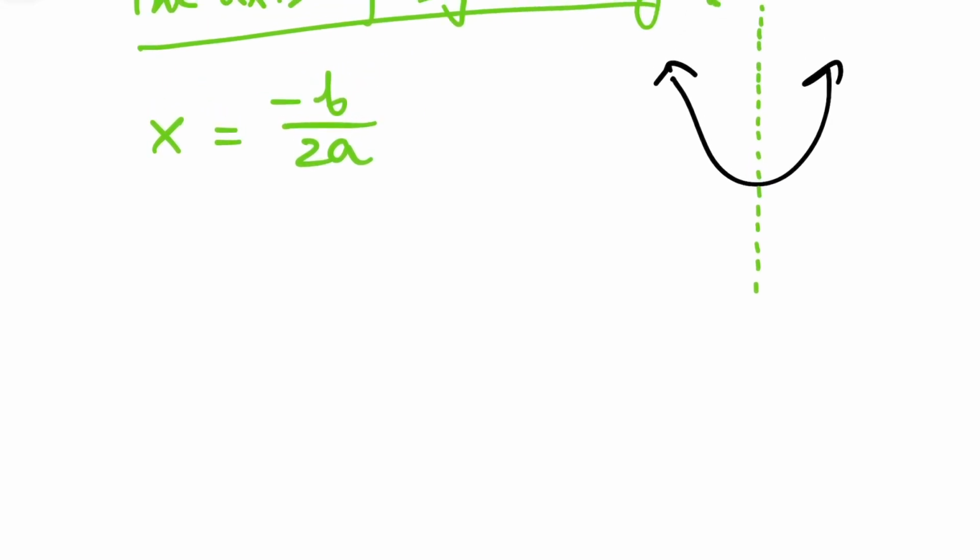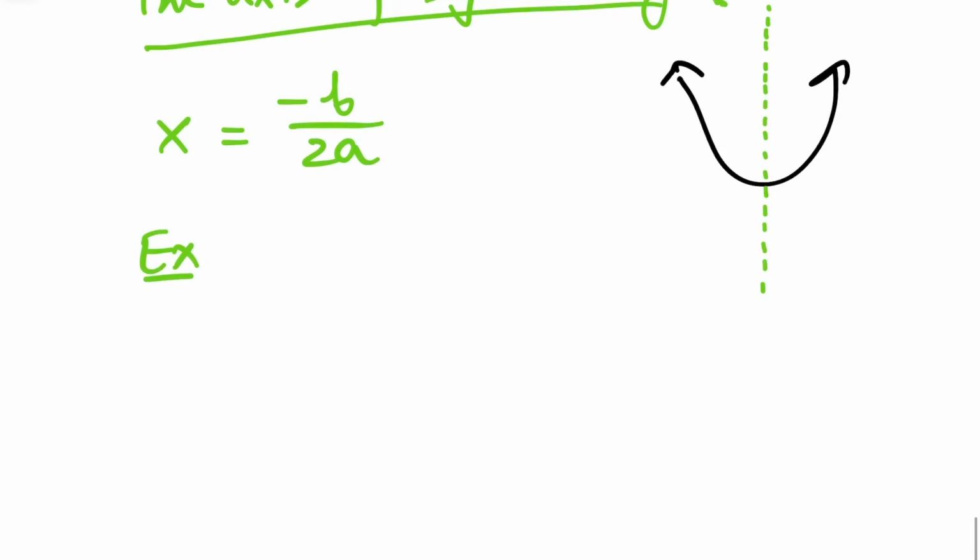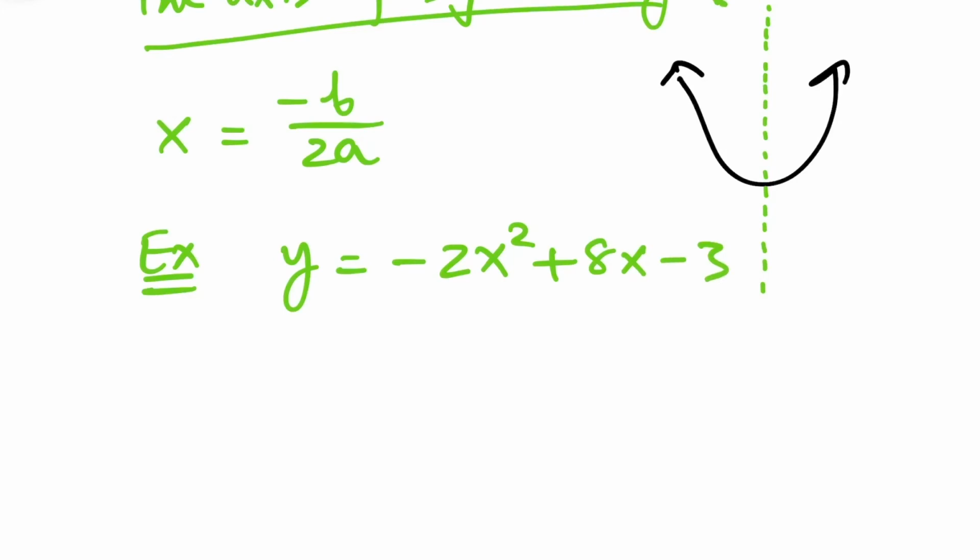So what does that mean? That means if they give you a quadratic equation, you can use this formula to find out the axis of symmetry. For example, let's say I have y equal to negative 2x squared plus 8x minus 3.